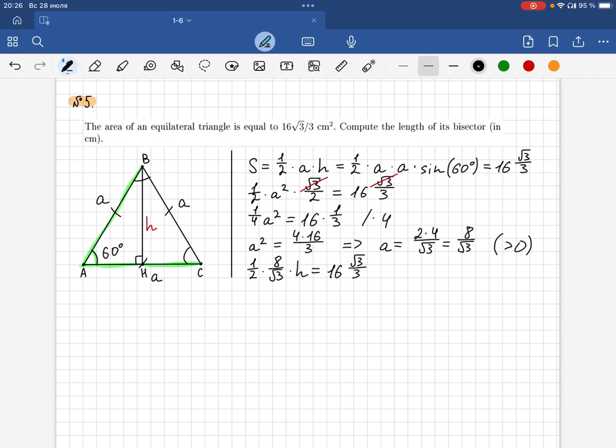Okay, let's multiply it by square root of 3, then we'll get 4h equals 16 multiplied by 3 divided by 3, which is just 16, which gives us h that is equal to 4. And this is the answer to our problem.